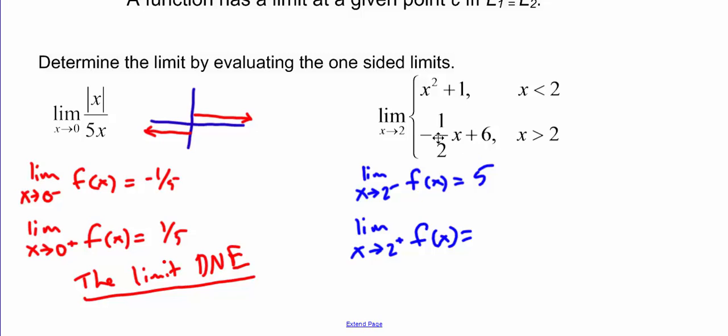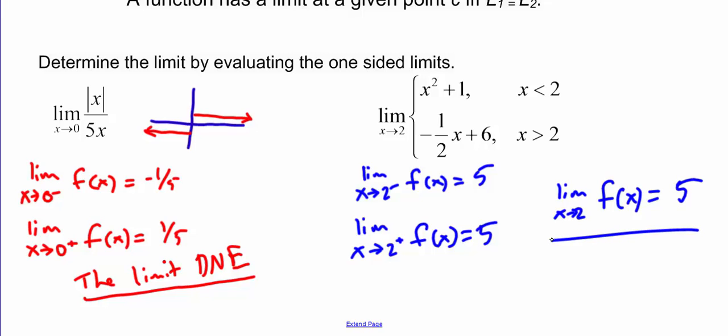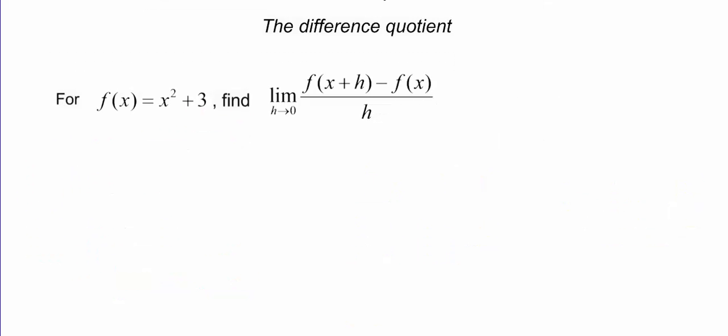In that case, we'd have negative 1/2 times 2, so that's negative 1 plus 6. So it's 5. So our limit as x approaches 2 of this function exists. It's 5. So again, if the left limit and the right limit agree, you have a limit. If they don't, well, then you don't.